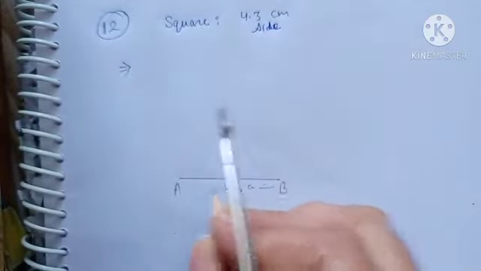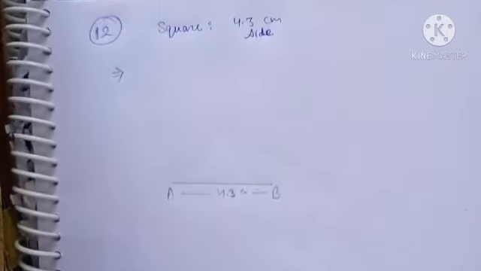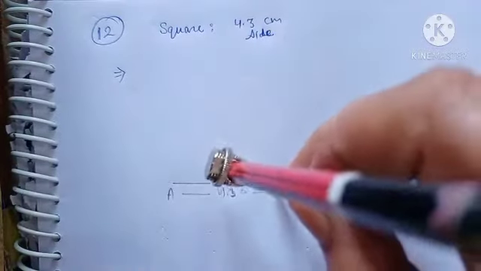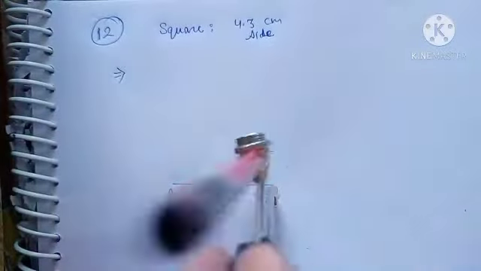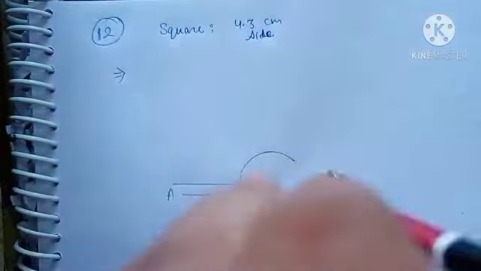Now we know each angle of a square is 90 degree. So we have to make a 90 degree angle at B and at A also.